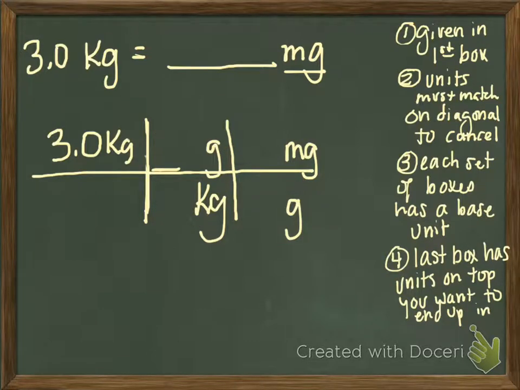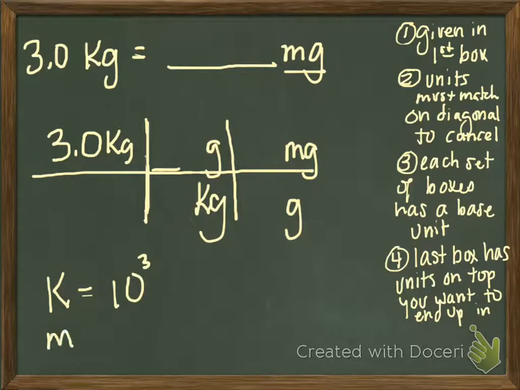Now we need to fill in some numbers so that we can actually come up with an answer. This is where we have to refer back to our exponential factors. So, if you recall from a couple slides ago, the exponential factor for the prefix kilo is 10 to the third.